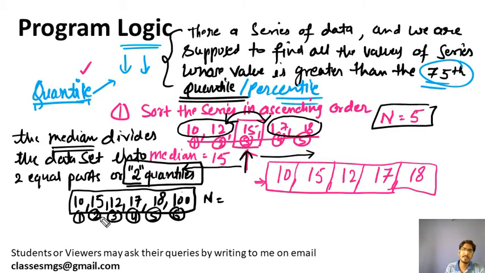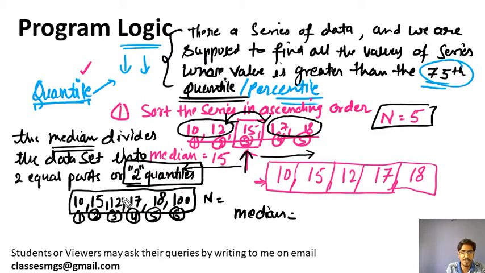So how do you calculate the median now? You can calculate the median by adding the middle two elements. Here there is no one middle element, because 3 and 4 both are the middle elements. So the median can be calculated by adding those two values.